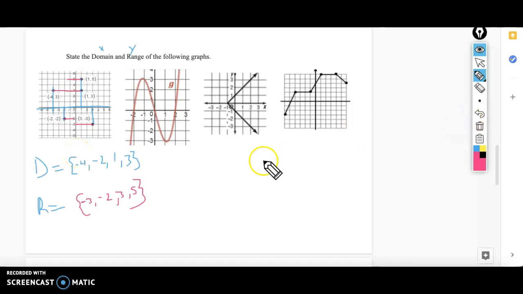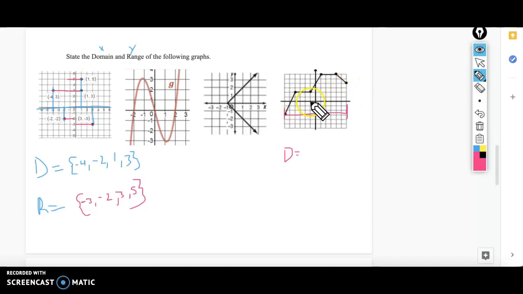Okay. If we have dots that are connected but there's no arrows, we're going to use probably the interval notation would be the easiest. So let's see again our domain. So I'm going to skip over to this one. Our domain is left to right. So left, we're going from here all the way over to here because this point and this point are the farthest 2 points.